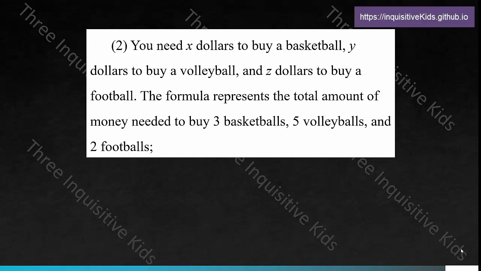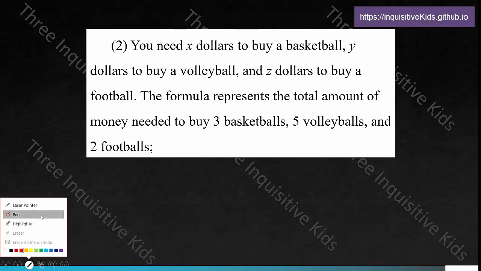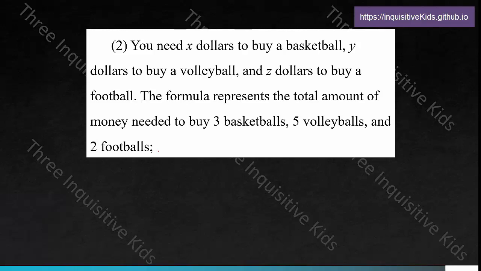Well, let's think about it. The problem already told us that for every 1 basketball, there's going to be X dollars. And if we have 3 basketballs, that's going to cost us 3X dollars. Then we know that there are Y dollars to buy every 1 volleyball, and since there are 5 volleyballs, that's going to cost us 5Y dollars.